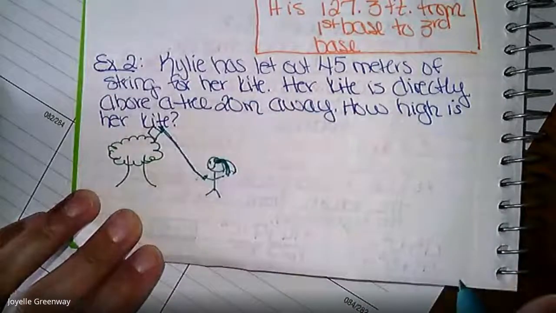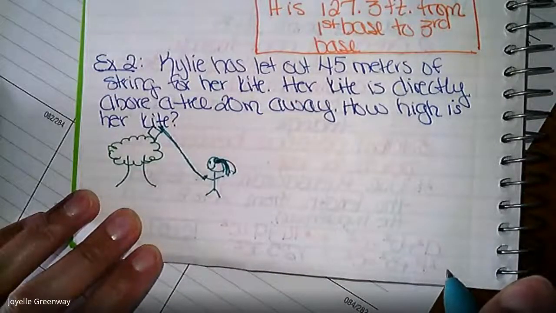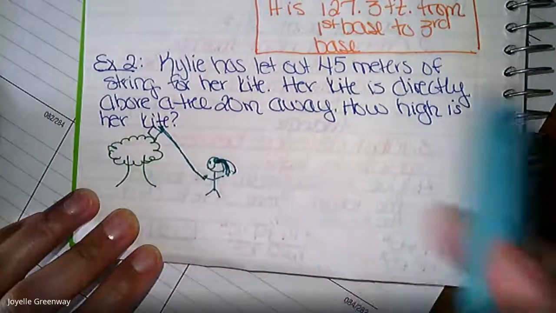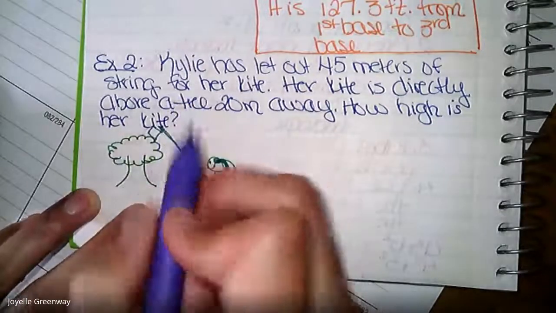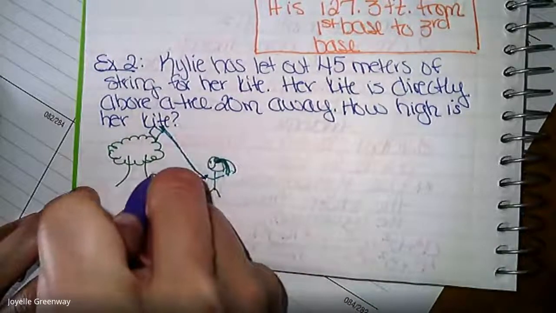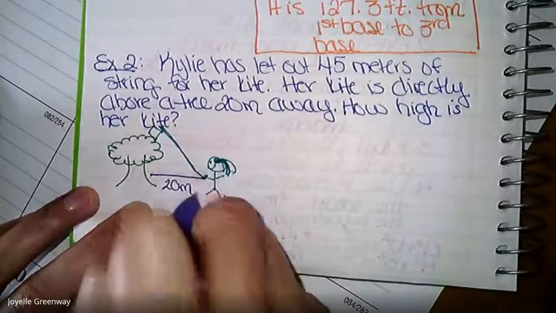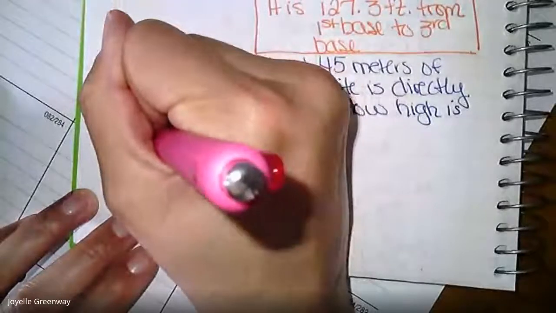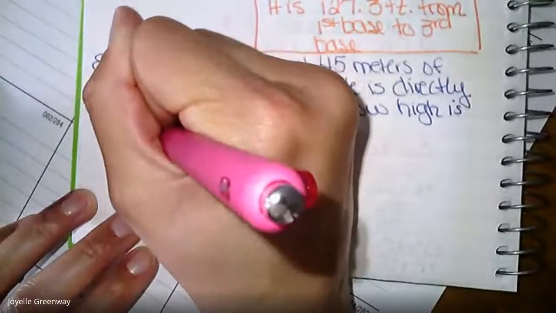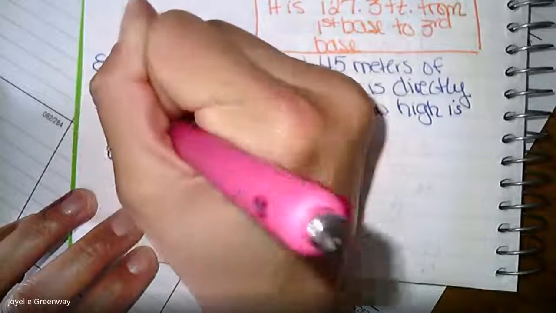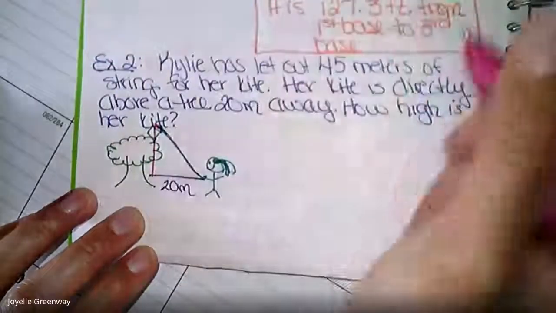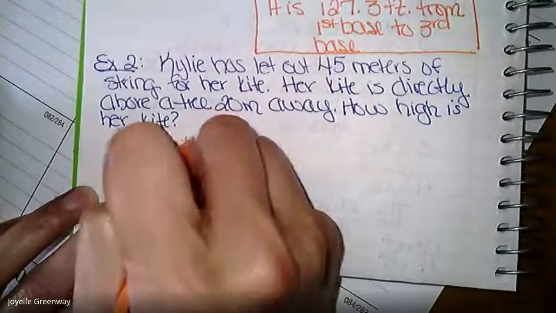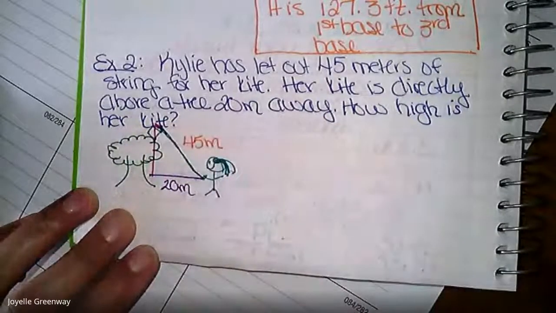So she's flying her kite. It's directly above the tree. And she is 20 meters away from the tree. So the question is, how high is her kite flying? We also know that she let out 45 meters of string.